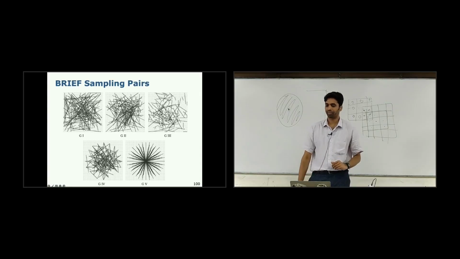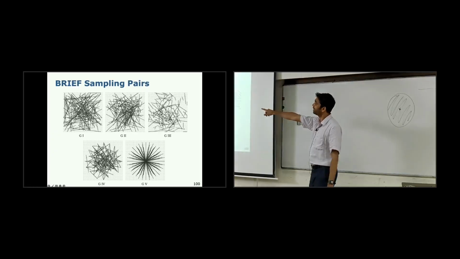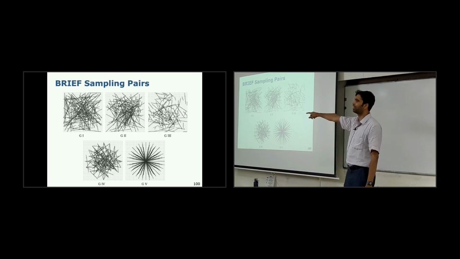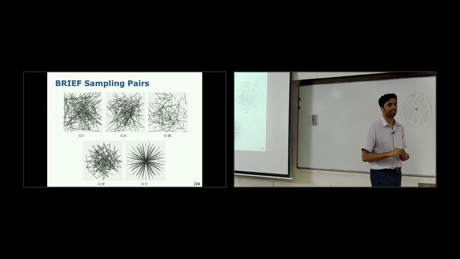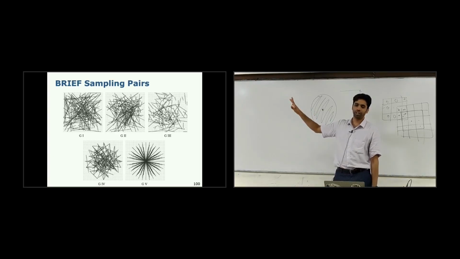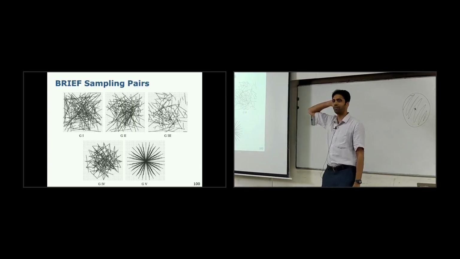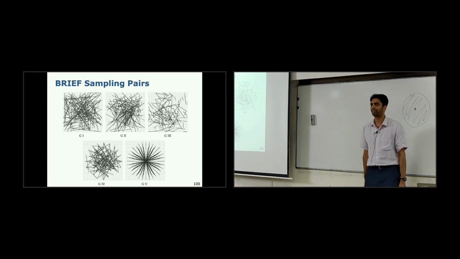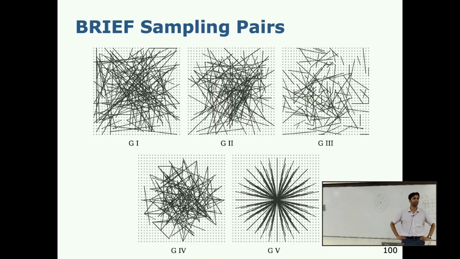The second one, can somebody guess what kind of sampling? Given that the first is a uniform random sampling, can somebody guess what G2 sampling would be? What do you observe with G2? All of it looks a bit like modern art, but what's the middle one like? Maybe you need to blur a little bit.